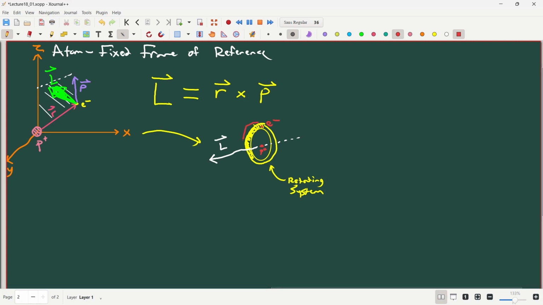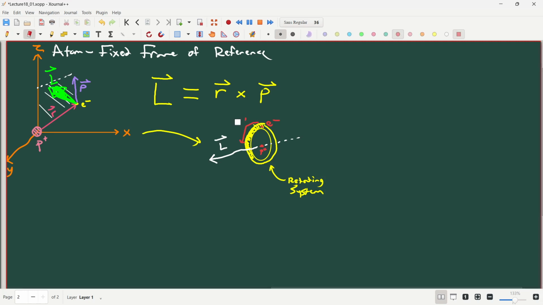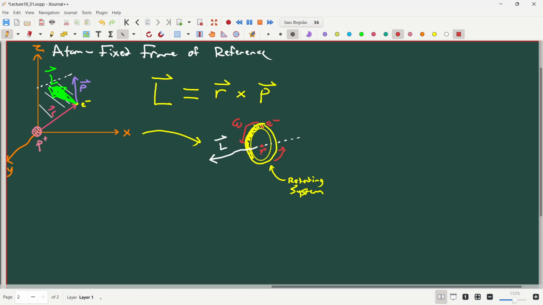The electron orbits counterclockwise with respect to the axis at some frequency omega. If I stick my thumb out in this direction, the angle of rotation is how my fingers curve in my right hand. If it was rotating the opposite way, it would rotate clockwise from this perspective.